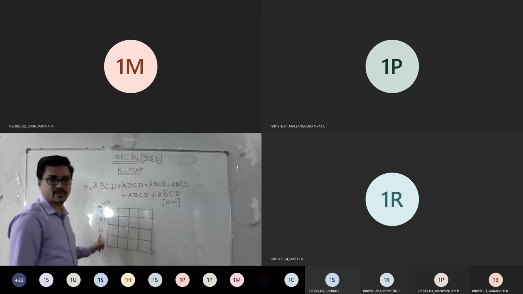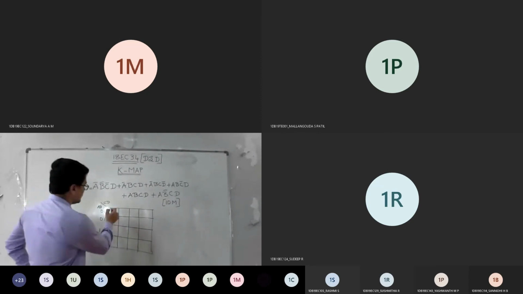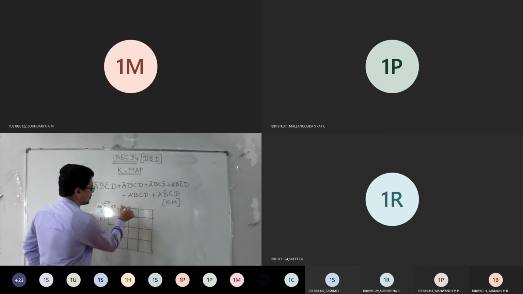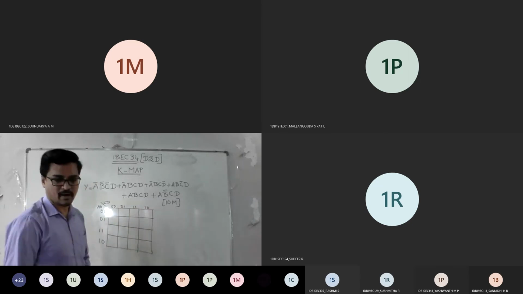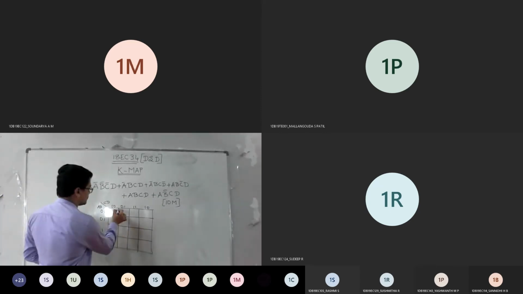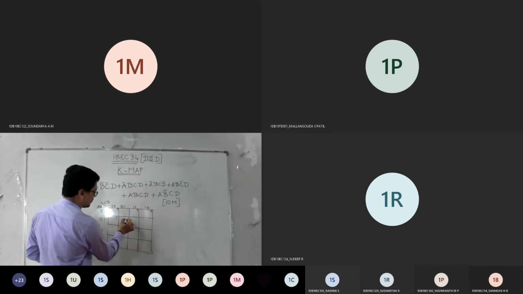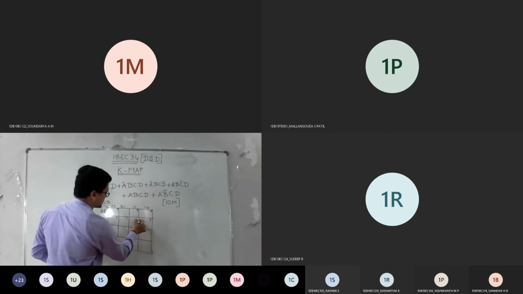See, this is where you will make a mistake, so try to write things clearly. Then similarly, 0 0, 0 1, 1 1, 1 0. You can also mark the cell numbers: 0, 1, 2, 3, 4, 5, 6, 7.